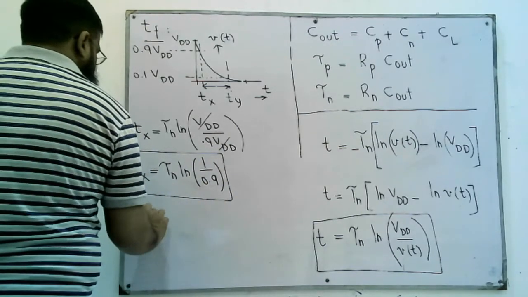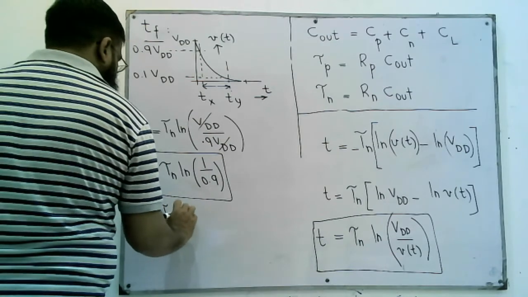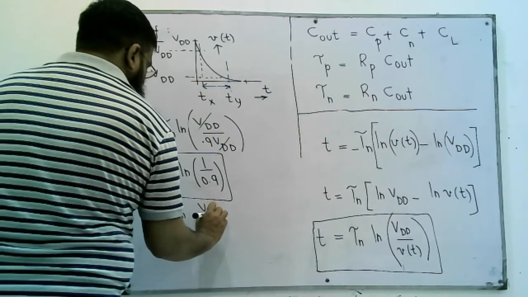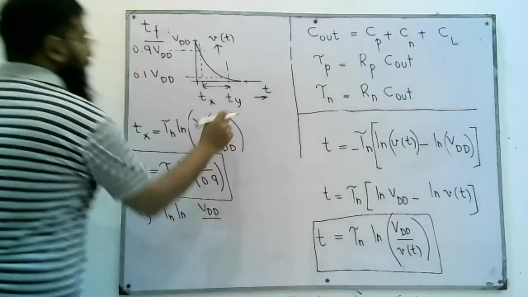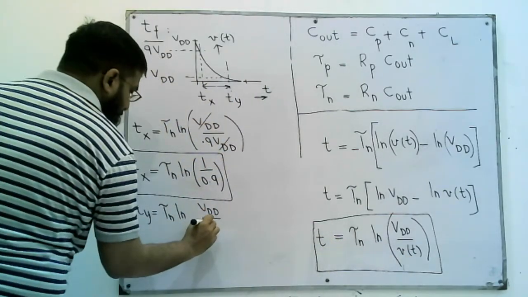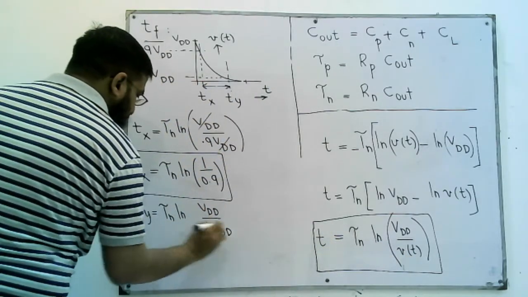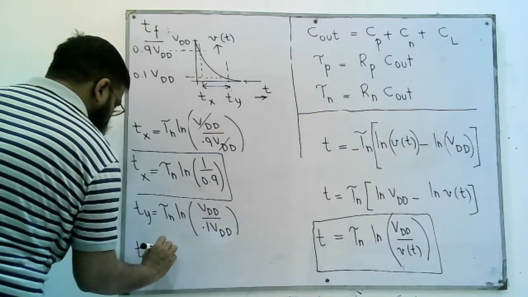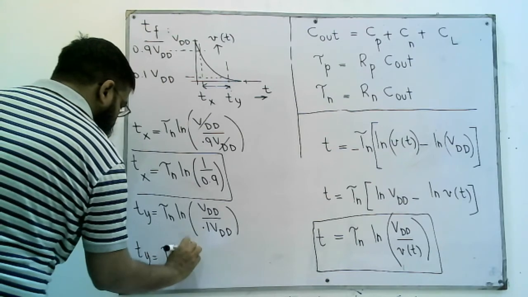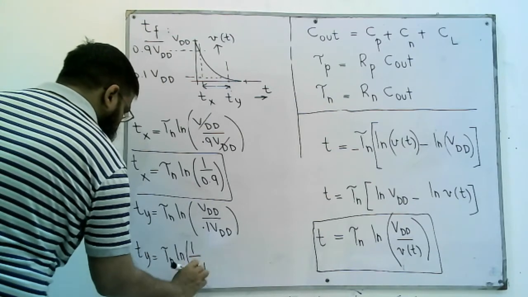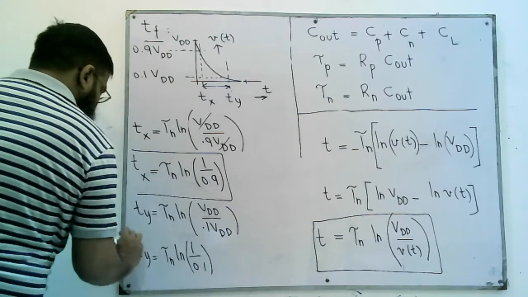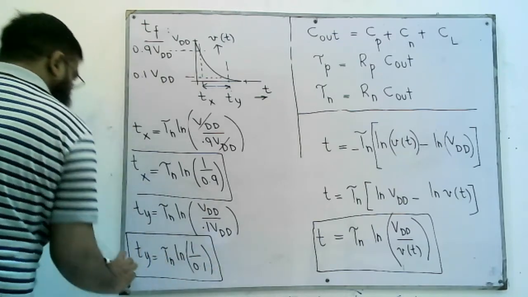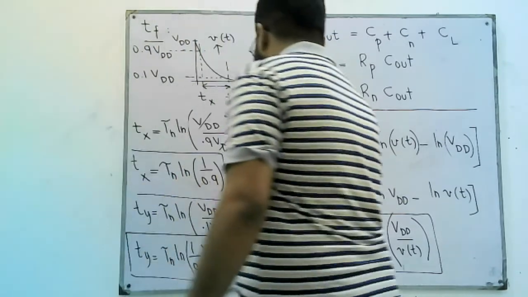Similarly, Ty is tau n log of VDD over v of t, and v of t is 0.1 VDD at this time. So Ty comes out to be tau n log of 1 over 0.1. So now we have values for Tx and Ty.